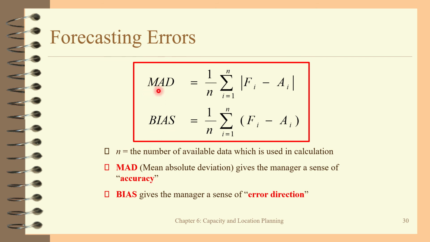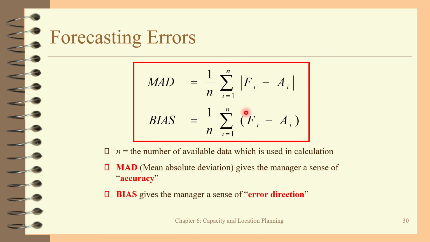The MAD index is used to give the manager a sense of the accuracy of forecasting, but bias gives the sense of error direction. So this is the formula. MAD is equal to 1 divided by n, summation of the absolute value of F i minus A i, and this is absolute.